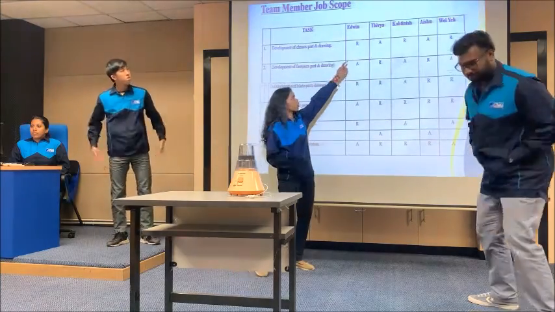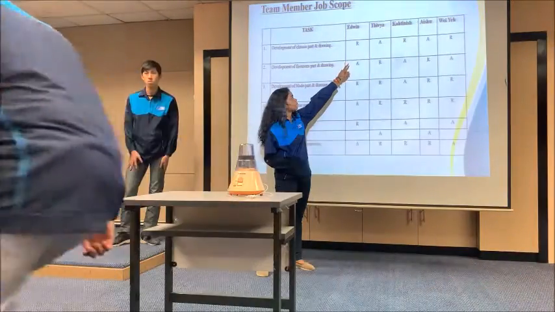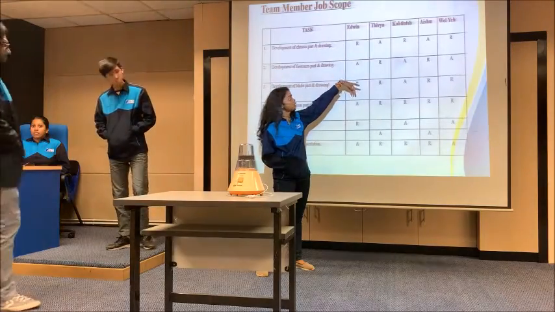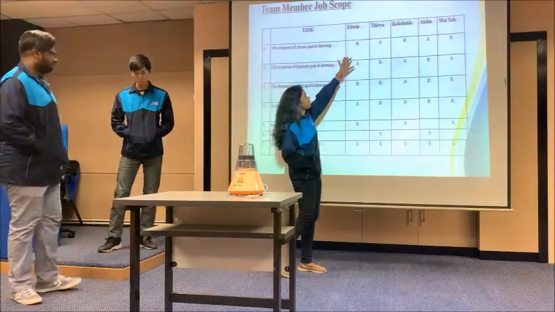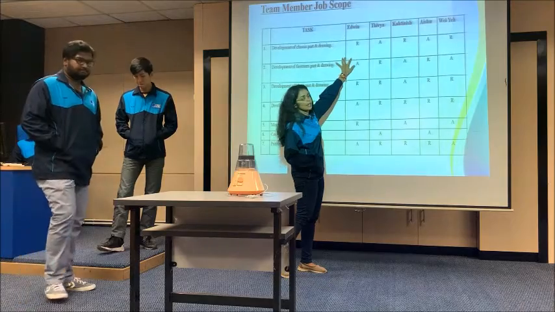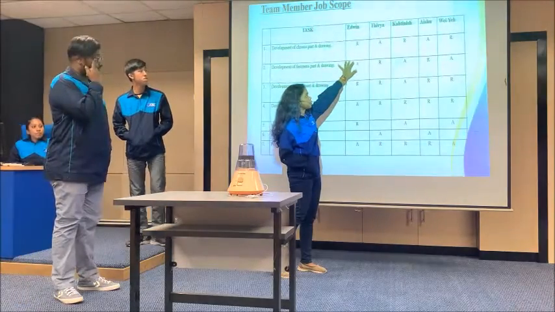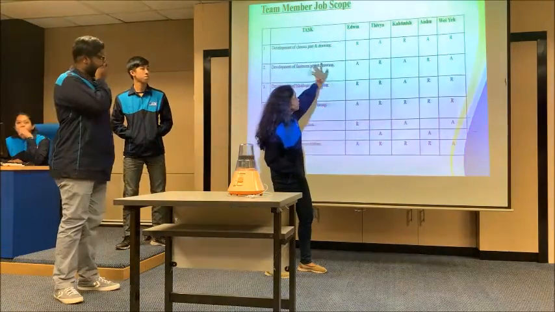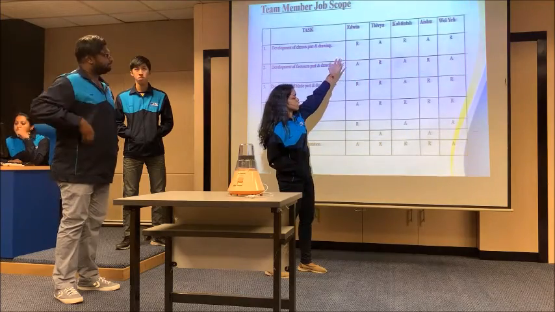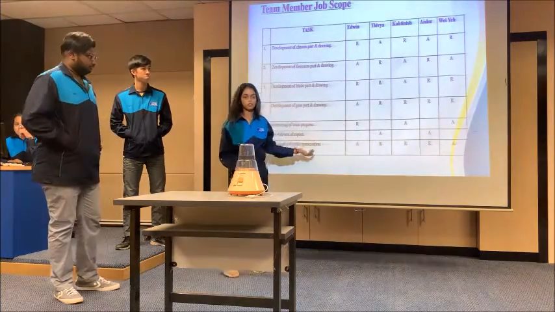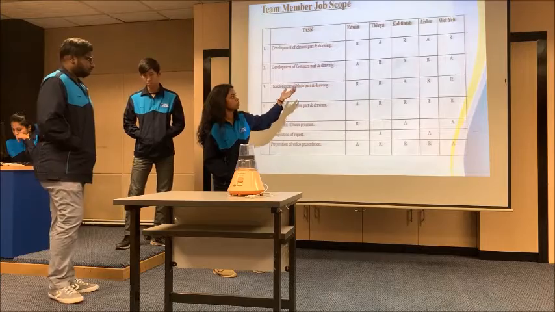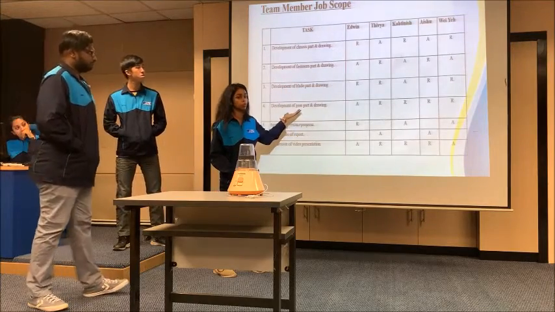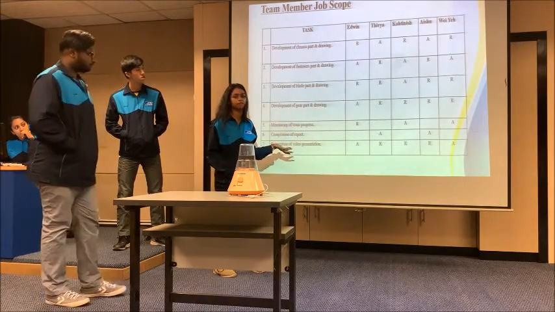R stands for responsible and A stands for assist. So wherever we wrote R, it means that person is responsible for that certain part, and A is for assist. As you can see here, that's the flow chart for each and every person, showing what they are doing in their job scope for this project.